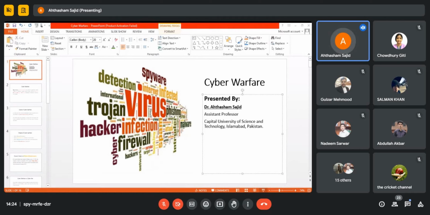Now, how could cyber warfare be accomplished? Using these techniques, it could be an attack on the financial infrastructure of the nation or organization. It could be an attack on public infrastructure like dams or the electrical system.